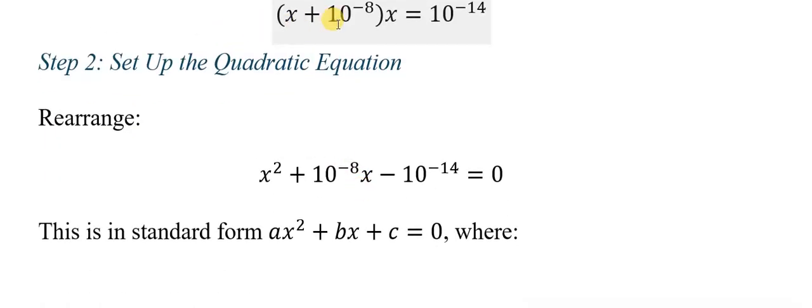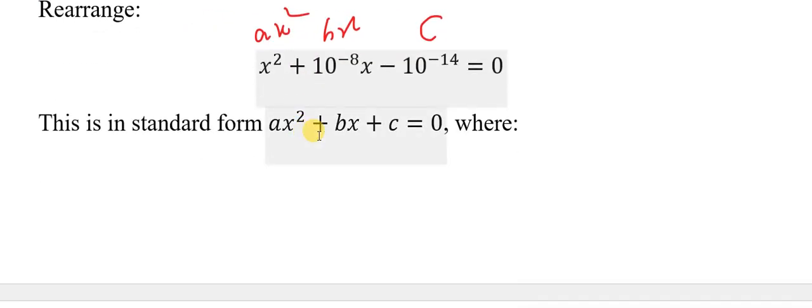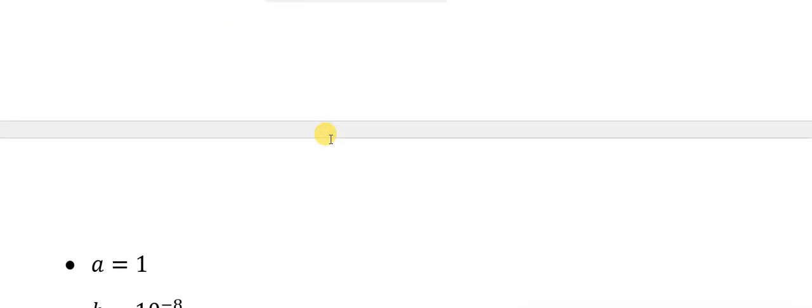If we rearrange this equation and multiply by X, the new equation would be X squared plus 10 to the power minus 8 X minus 10 to the power minus 14 is equal to 0. It means that part is equal to A x squared, that part is equal to bx, that part is equal to C, which is the standard form for the quadratic formula.